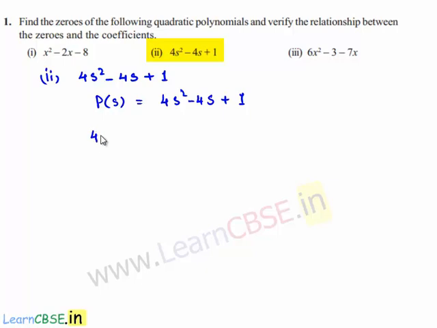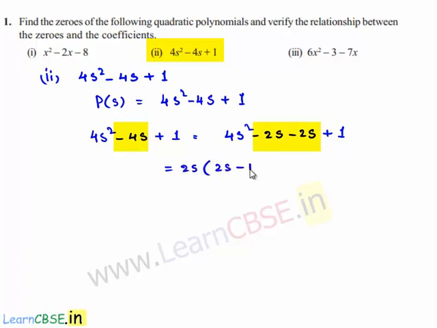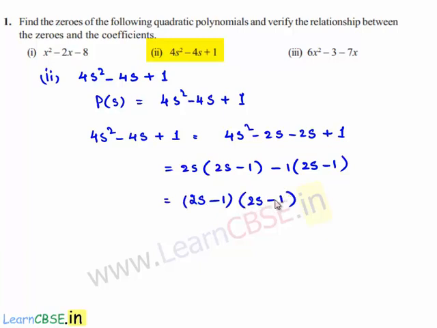So 4s square minus 4s plus 1 can be written as 4s square minus 2s minus 2s plus 1. This is equal to 2s times of 2s minus 1 minus 1 times of 2s minus 1. So we can take 2s minus 1 as common. We will be getting 2s minus 1 times of 2s minus 1.